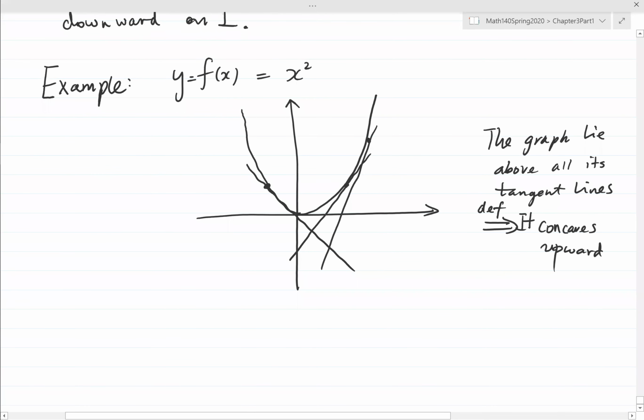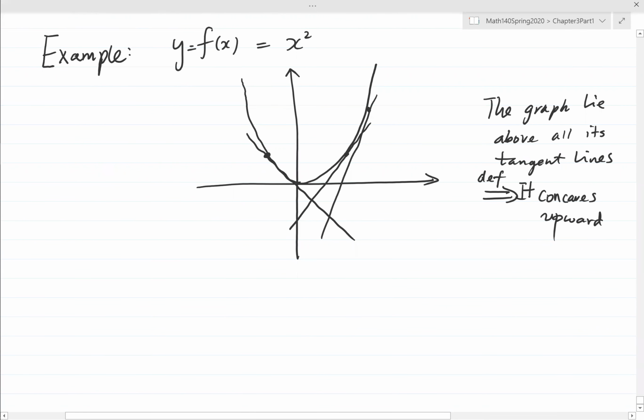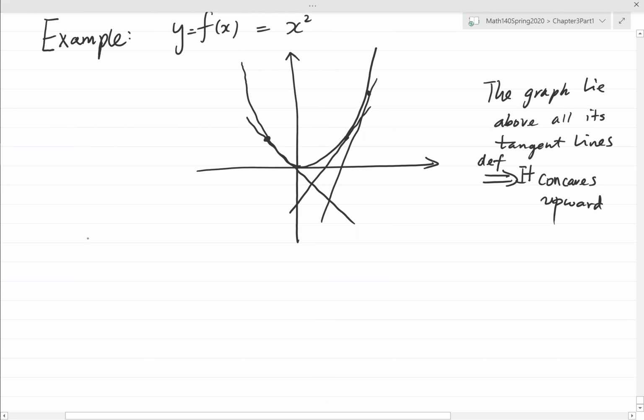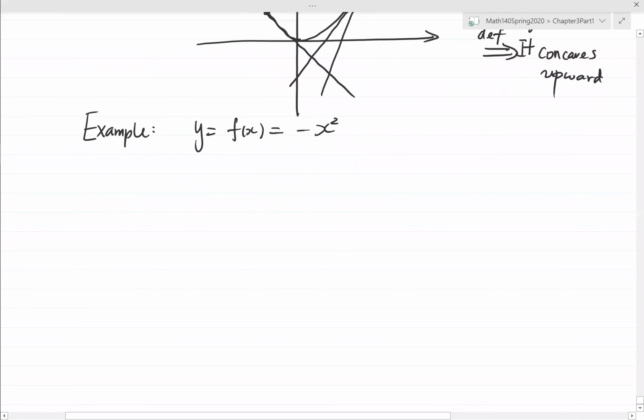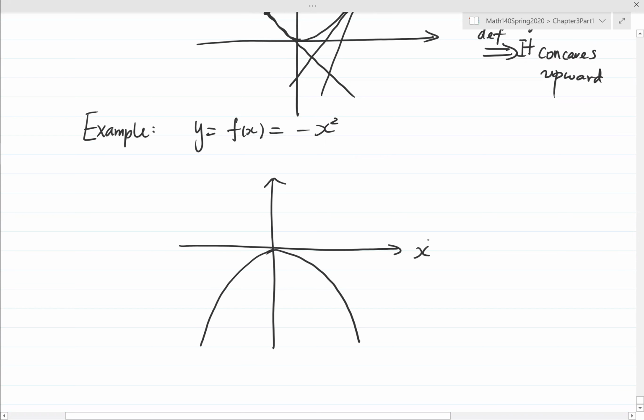Now similarly, concave down. Example: y equals f(x) to be negative x squared. Now if you flip it downward, multiply by -1, you flip with respect to the x-axis. Then what you get is this. This is x, this is y.